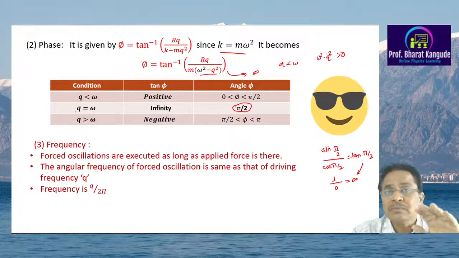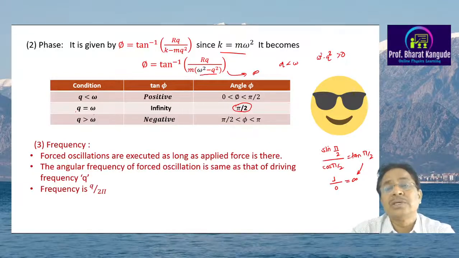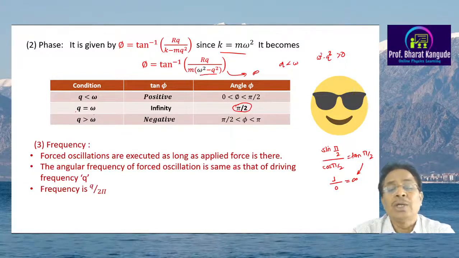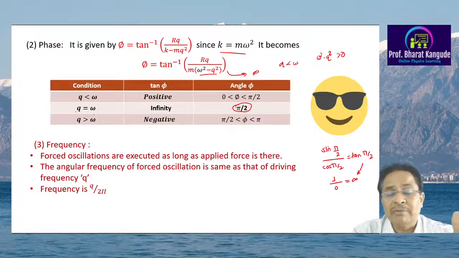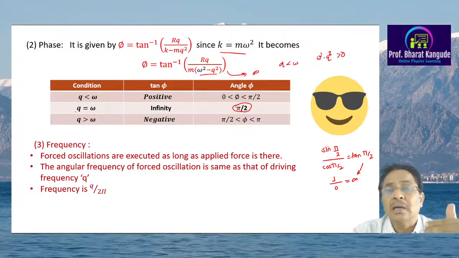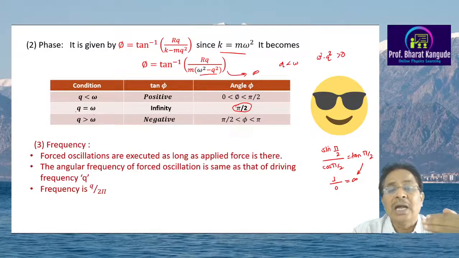And finally, the frequency of such a forced oscillator is expressed by q upon twice pi. So this is the expression for frequency. This is how the frequency of this oscillator is controlled by the frequency of the external driving force, and how to calculate it.